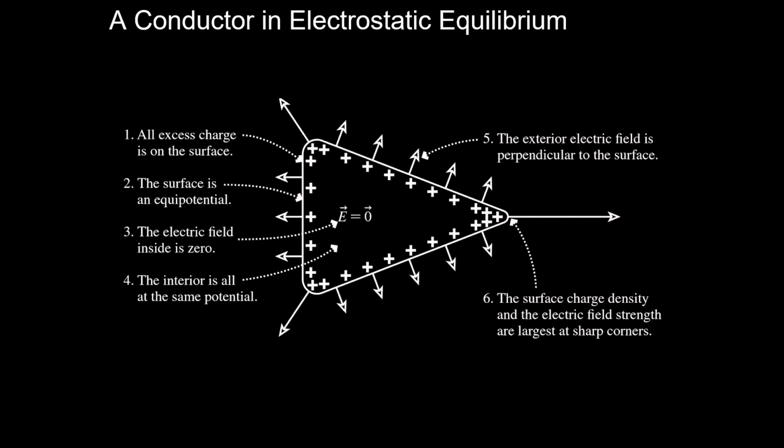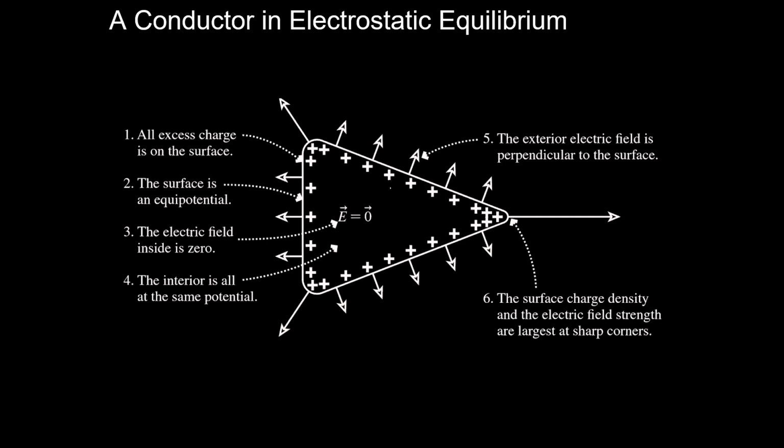It turns out that in a more geometric sense, the curvature of the surface of the conductor is what affects the charge density. And the charge density obviously is what affects the electric field. So at this sharp point on the right-hand side, you see that there's the most charge piled up.